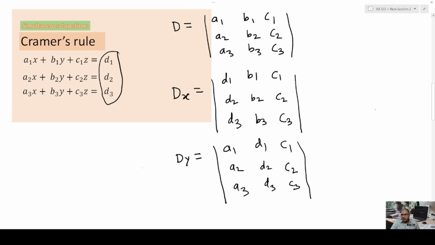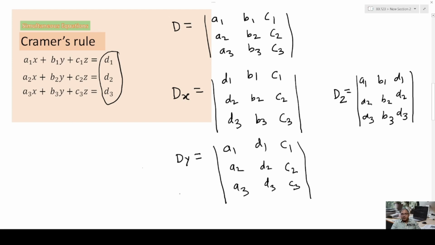And now we need to find dz. So dz is nothing but replacing the third column by d1, d2, d3. The first column remains the same, a1, a2, a3, and the second column also remains the same, b1, b2 and b3.